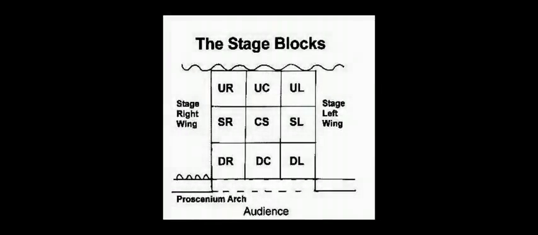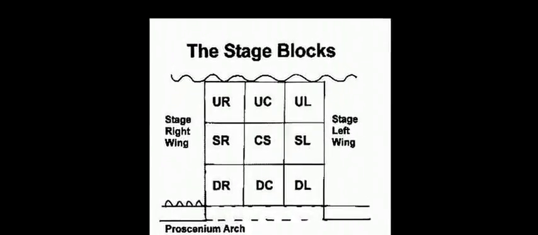On the proscenium arch stage, the director considers the stage floor as a series of blocks. This ground plan is a top view of the proscenium arch space. In order to create the illusion of depth on this stage, the director considers the upstage area, or the area at the back of the stage furthest away from the audience.